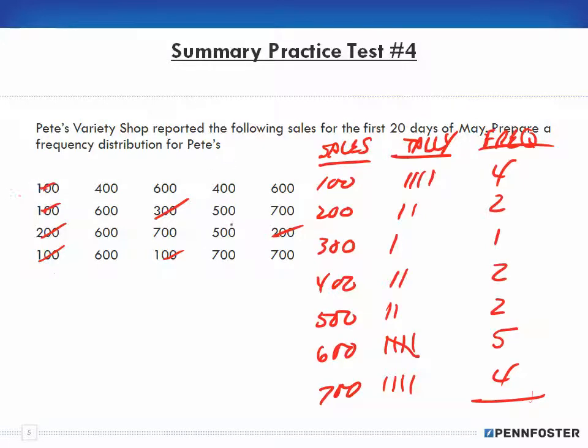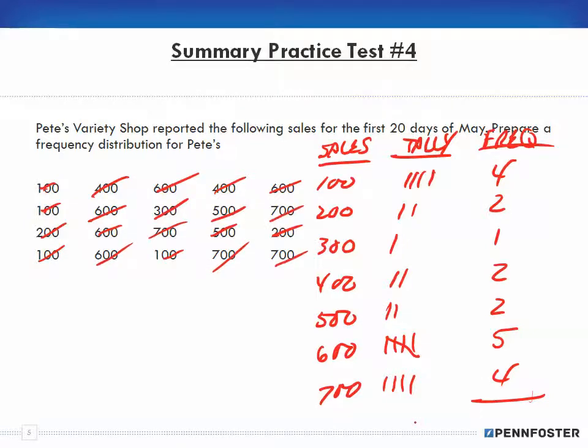And that's part of the issue doing it my way, that if you happen to skip over something, you're going to have to come back. 300, I have 1. 400, I've got 2 400s. 500, I've got 2 of those. 600, I've got 1, 2, 3, 4, 5 of those, and 700, I've got 1, 2, 3, 4.